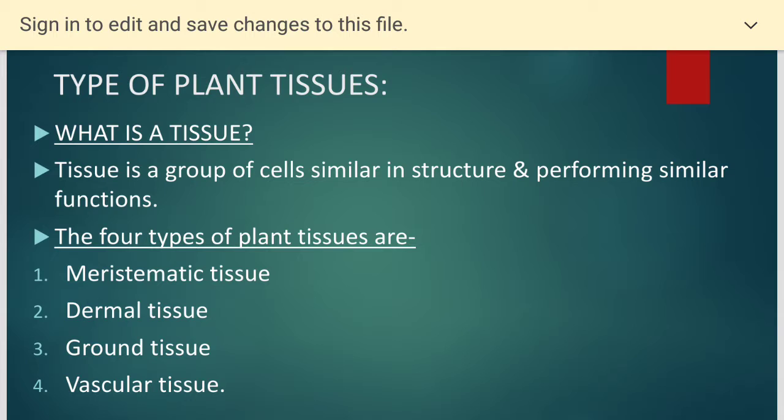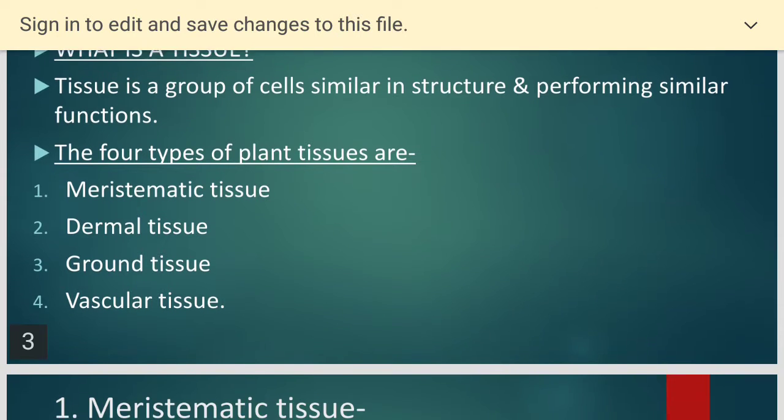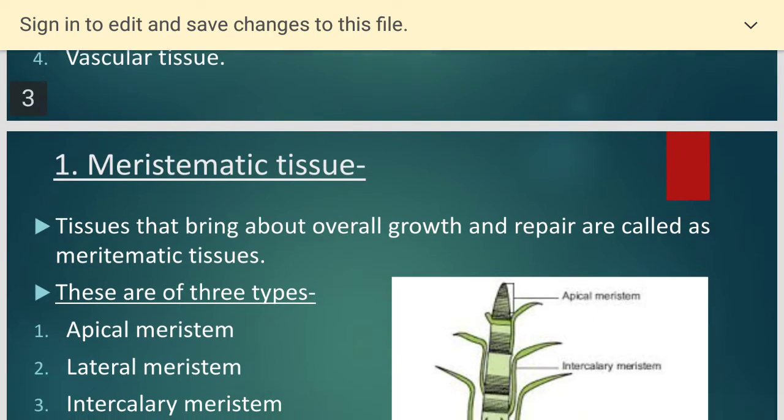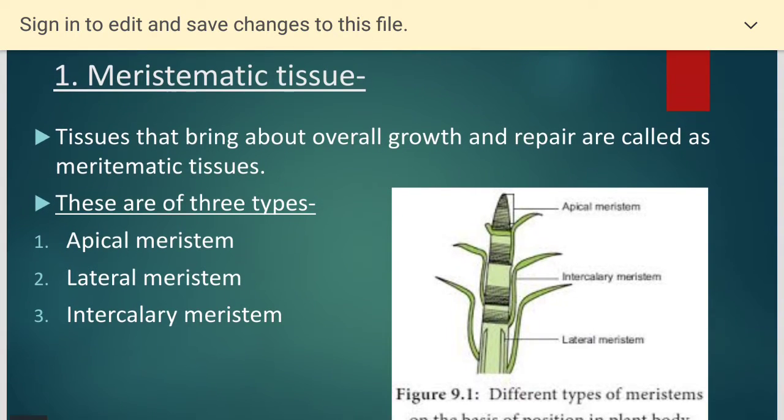So tissue is a group of cells similar in structure and performing similar function. When we talk about the plant tissues, there are 4 types: meristematic tissue, dermal tissue, ground tissue and vascular tissue. Vascular tissue is also called a conducting tissue. We will be dealing in detail with each of these tissues.